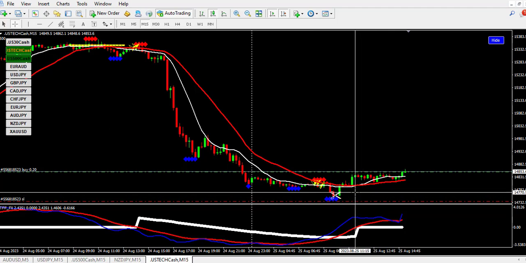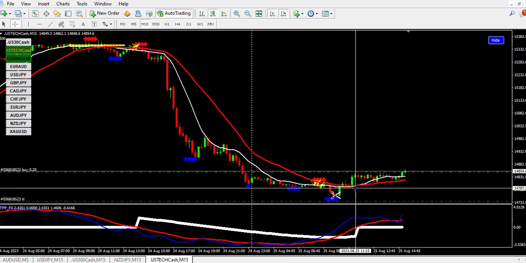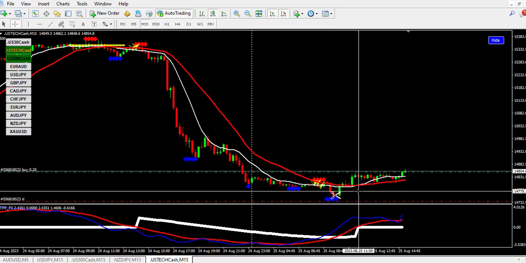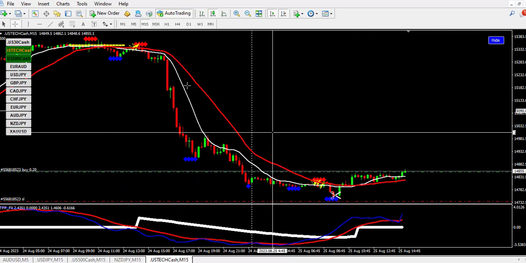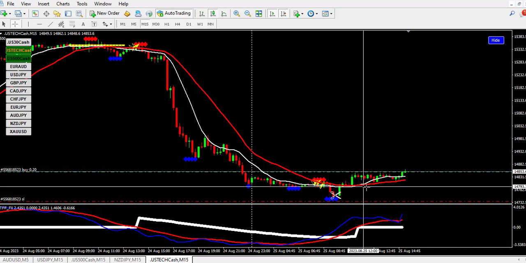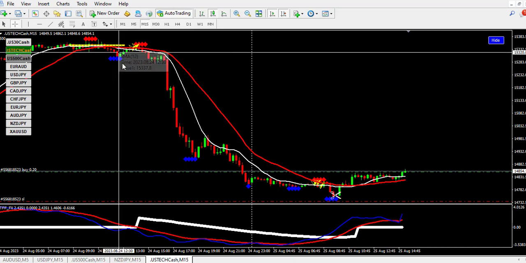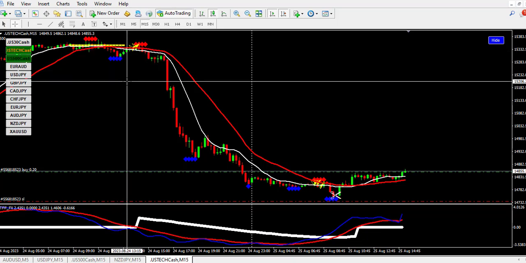And the third thing you have to look out for is the moving averages cross. When the moving averages cross, that is white above red, this is a buy signal, and white below red is a sell signal.